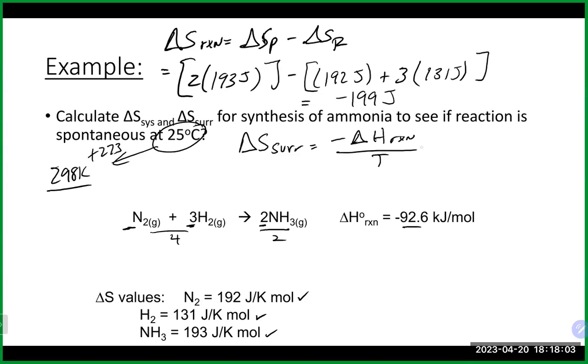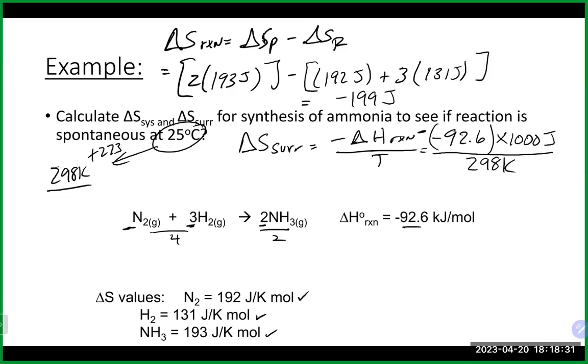And we're going to put this in, and I'm going to go minus 92.6, and that should have one more minus, right? And I'm going to actually multiply this by 1,000 to convert it to joules, because my delta S of the reaction is in joules. That way, everybody's in the same unit. Obviously, if you didn't do that, you would be in kilojoules and over 3 decimal places in terms of your answer.